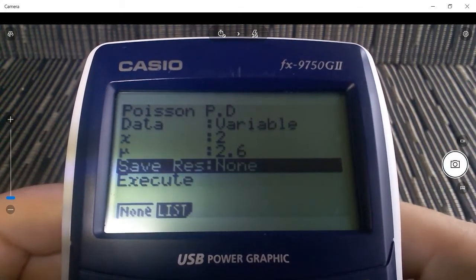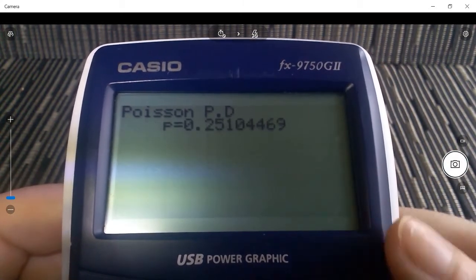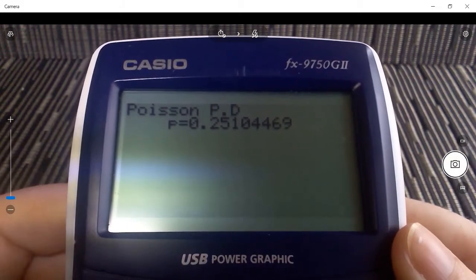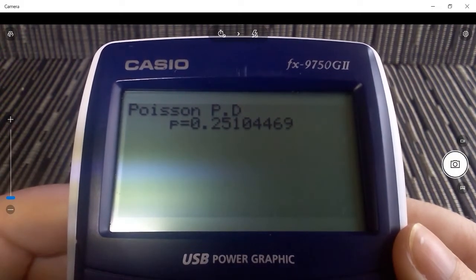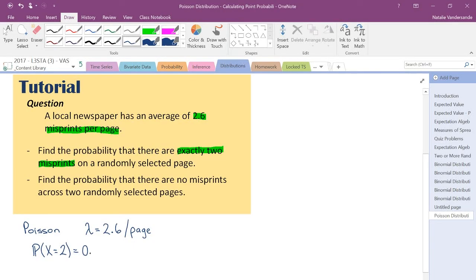So we're going to execute that. And there we have our answer that we're going to write down: 0.2510 to 4 decimal places.